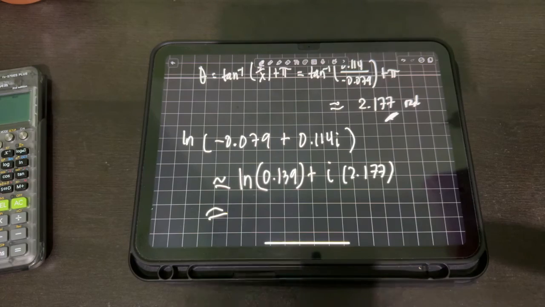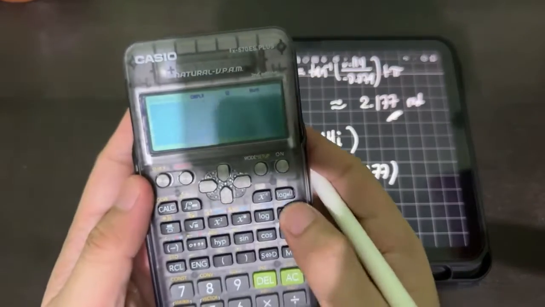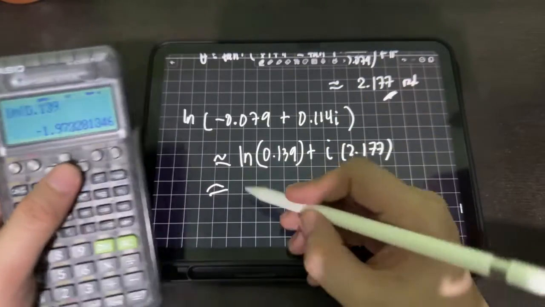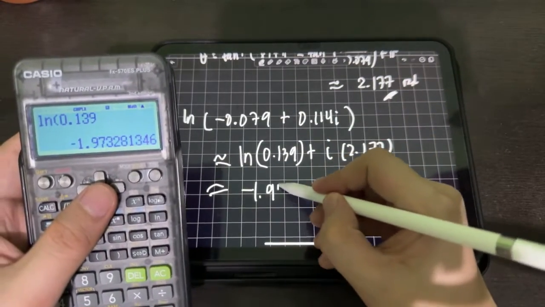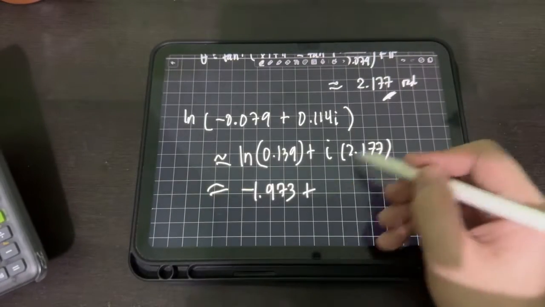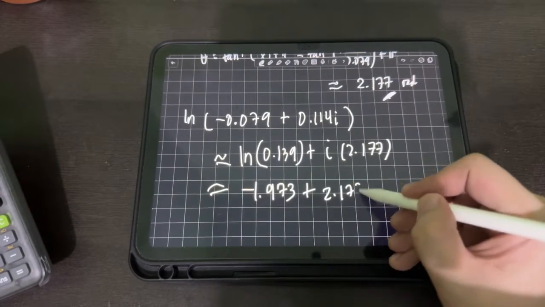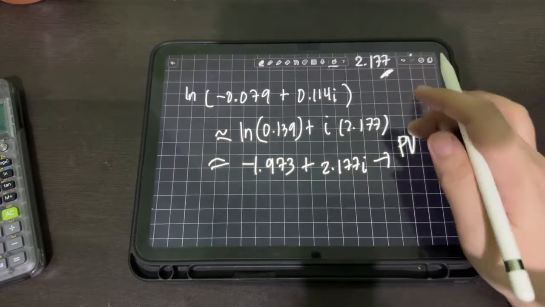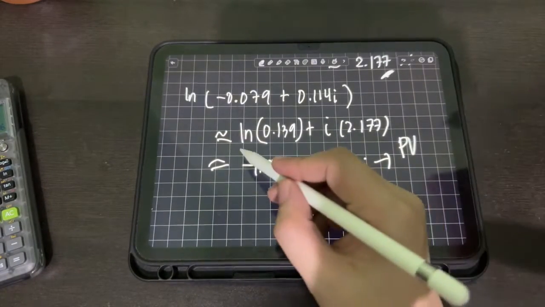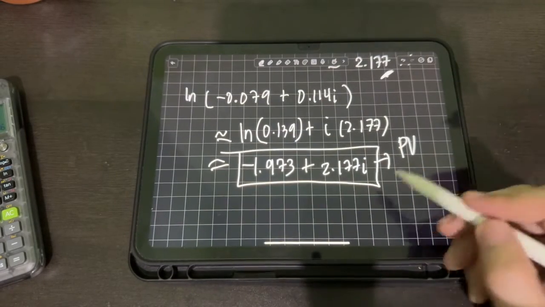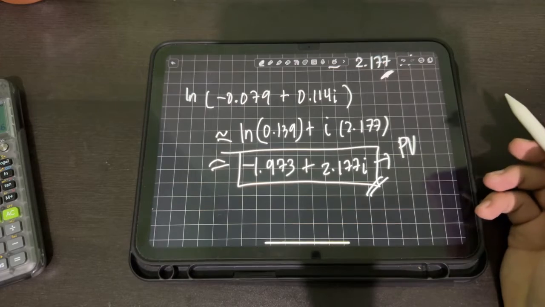So using your calculator, ln of 0.139 is approximately negative 1.973, then plus 2.177i. Again, this is the principal value of your ln and also the principal value of your arcsinh. The final answer already.